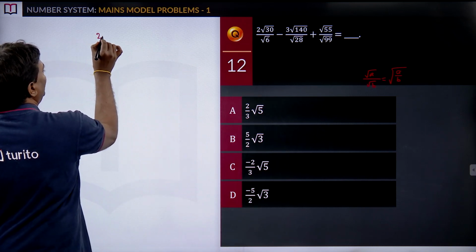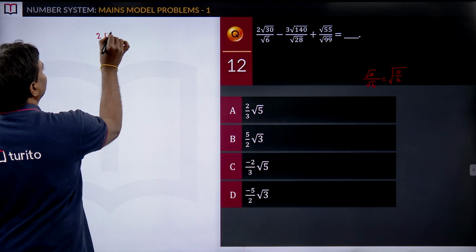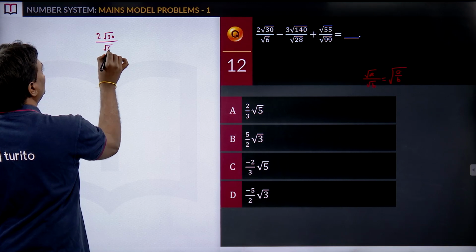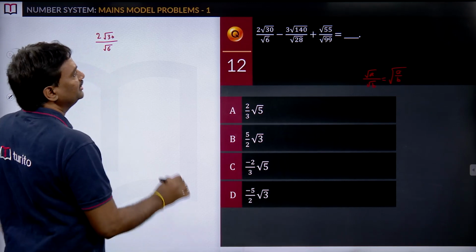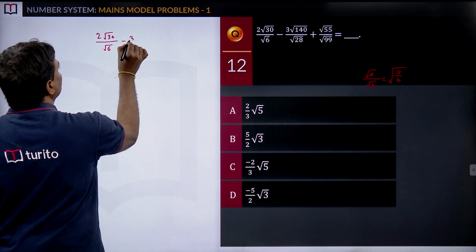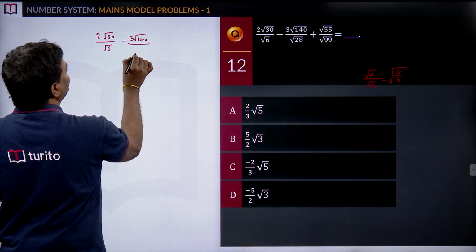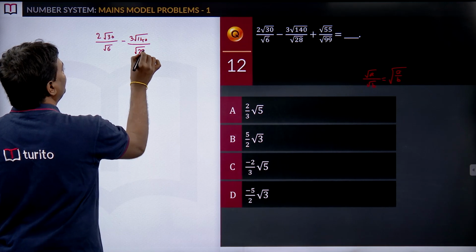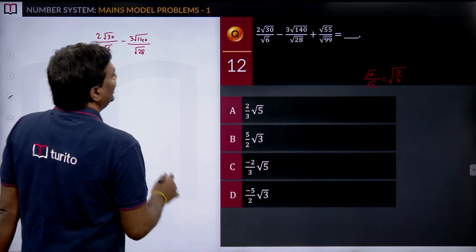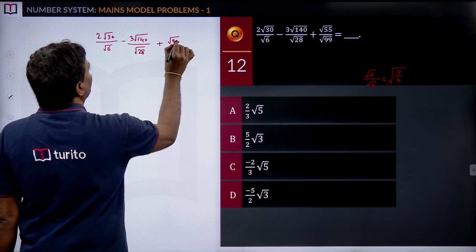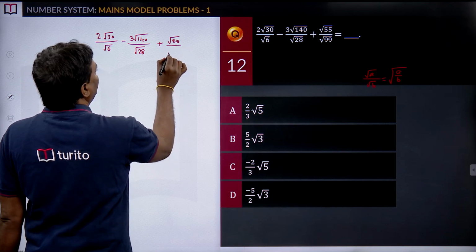So, the given problem is 2 into root 30 by root 6 minus 3 into root 140 by square root of 28. Next, root 55 by square root of 99.